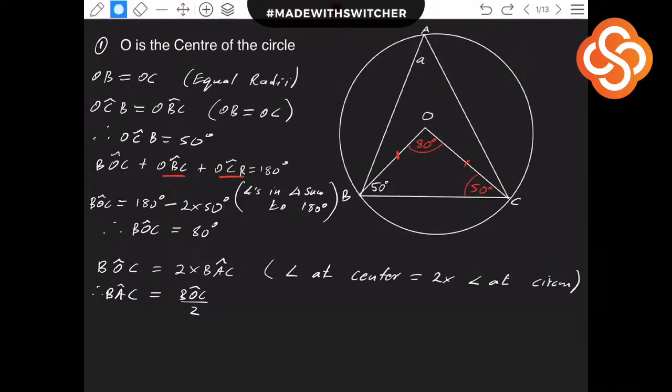BAC is given to us as A. So we're going to put A here. So A is equal to BOC, which we've calculated to be 80 degrees there. So we substitute 80 there and divide it by 2. And then this whole thing becomes 40 degrees. Therefore A is equal to 40 degrees.